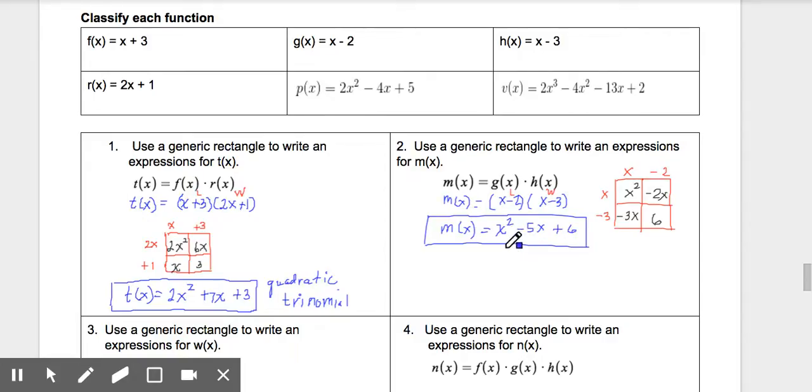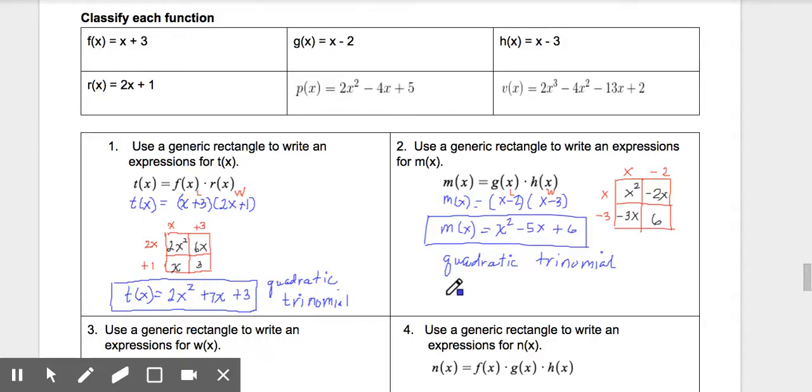Now again, for m of x, we notice that the highest exponent here is 2. So therefore this has a second degree, and therefore we call this quadratic trinomial because there are 3 terms.